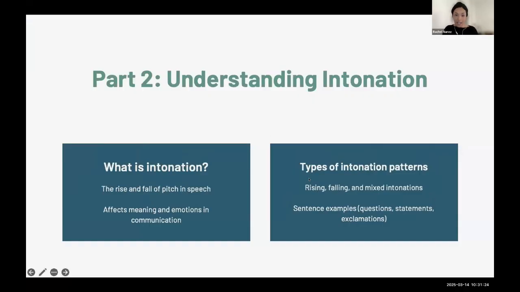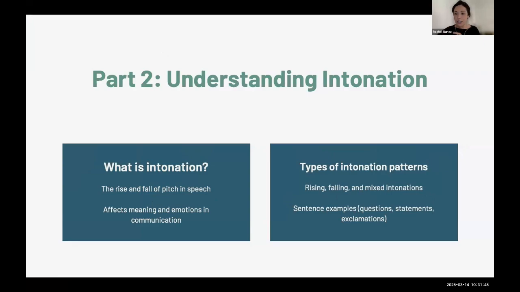So, understanding intonation, as I was just discussing, intonation is the rise and fall of pitch in speech. It affects meaning and emotions in communication, right? So if I say, I didn't say he stole the money. I didn't say he stole the money.